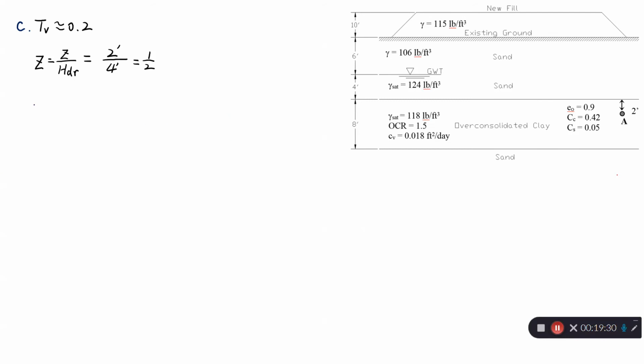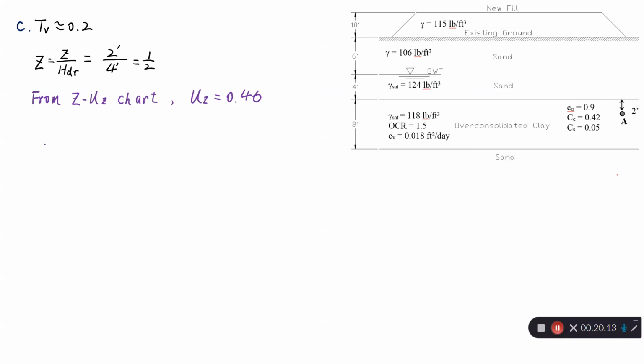So from the U_Z chart, I'll get U_Z, let's say 0.45. Or if you read 0.46, it's totally okay. So let's just take 0.46.